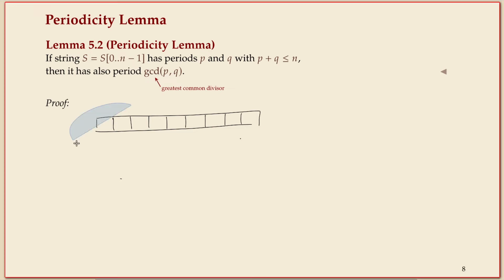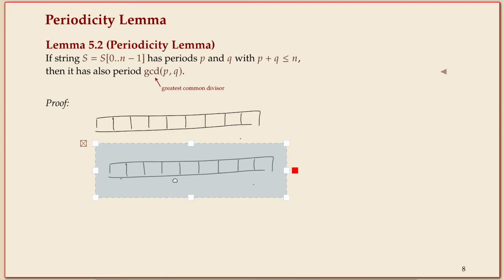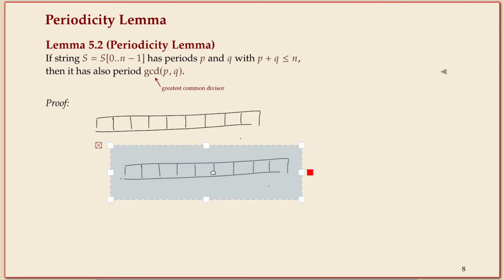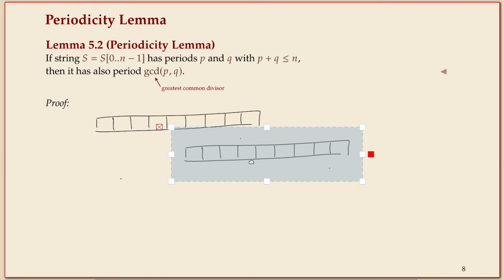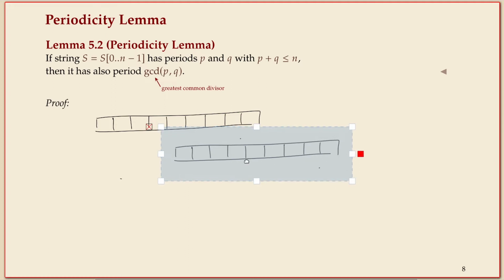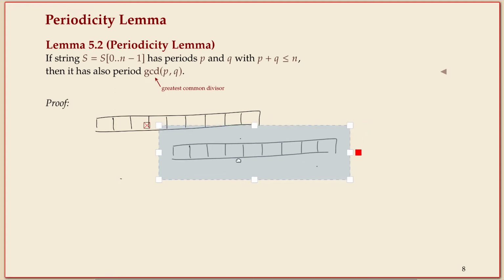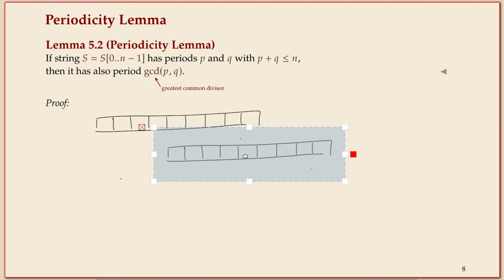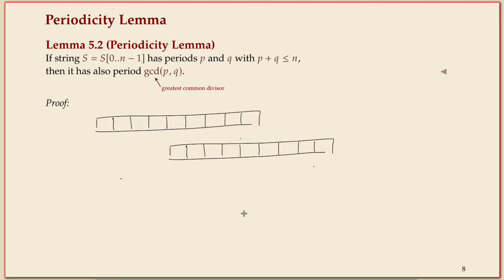Okay, this is not working. Let's do it this way. So let me see. Might have made this a bit short. Let's do a small example. So let's suppose the string has period. It's boring. Let me make the example a little bigger.